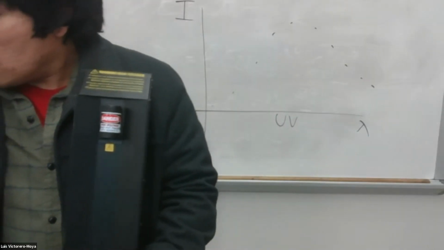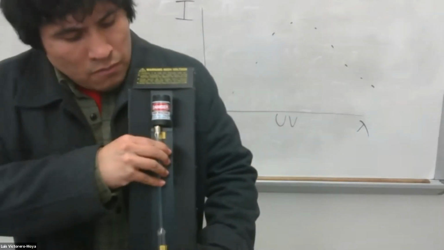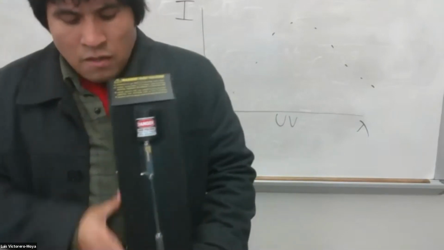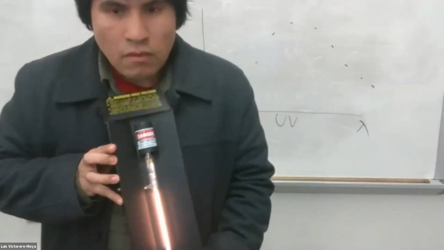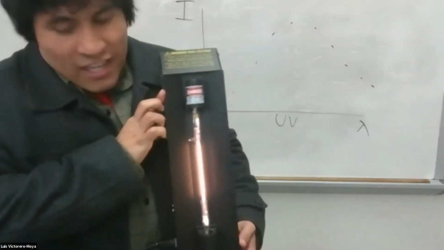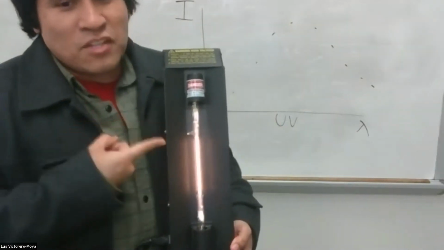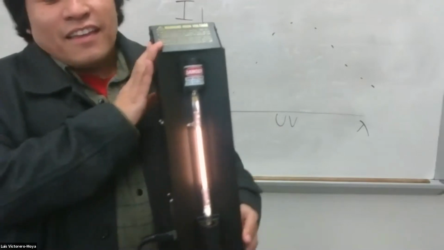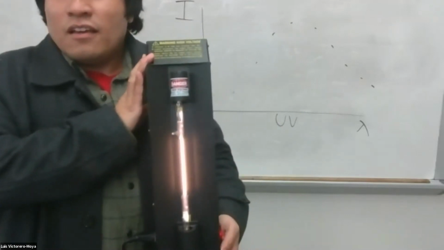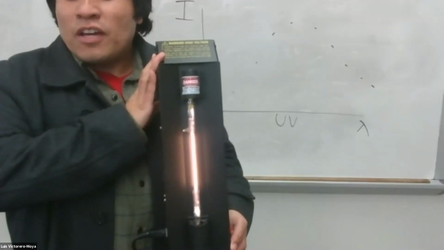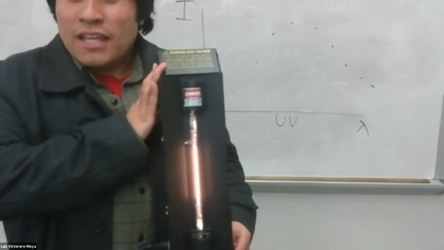And it goes in here. And I turn it on. And what you see there, if you have one of these, you will see the emission lines of this guy. This is the emission, or this is a lamp of helium.